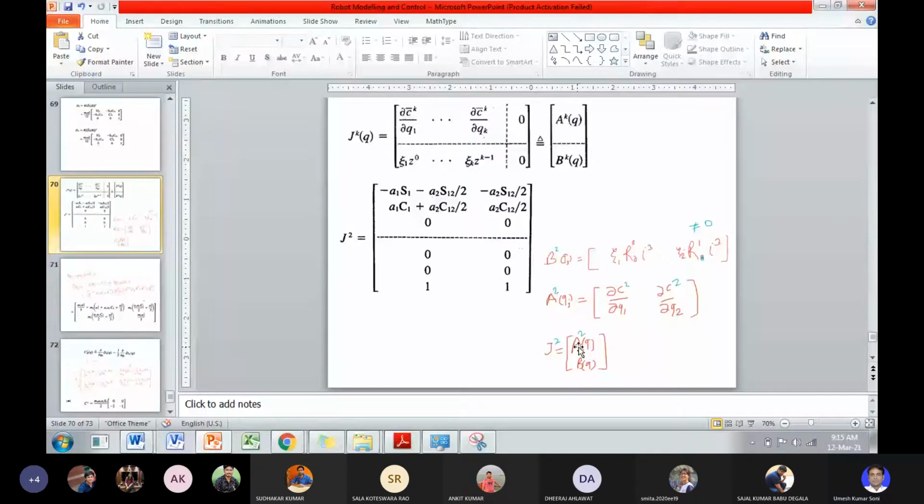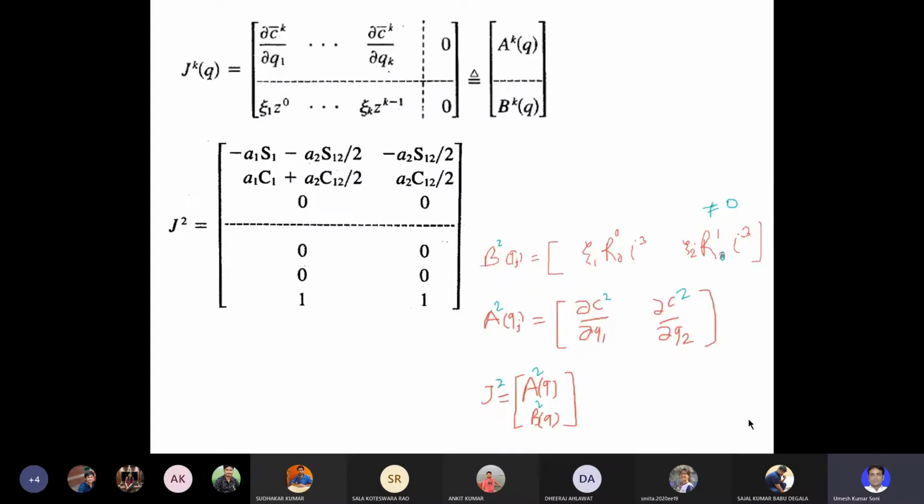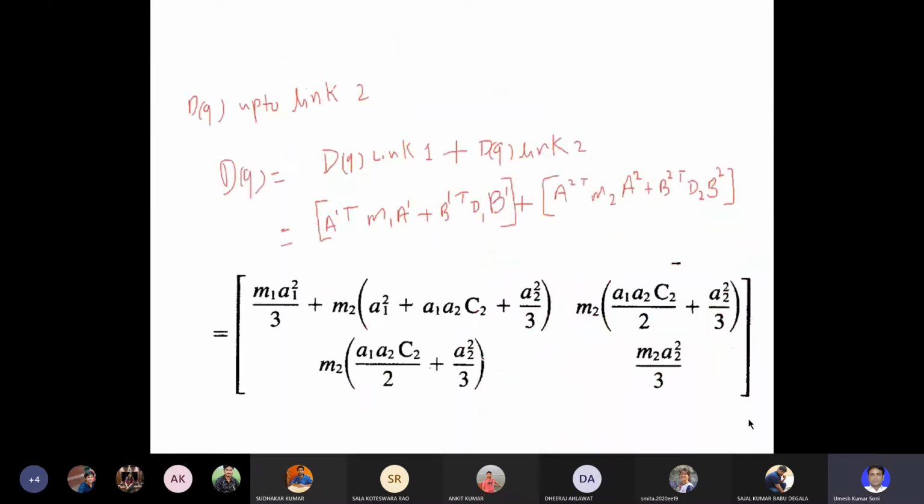Okay, so what is the next step? In the next step, you are doing this. Total inertia up to link 2 is given by the inertia due to link 1 and inertia due to link 2.